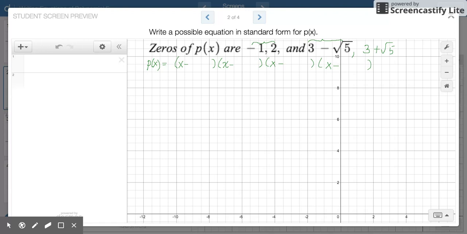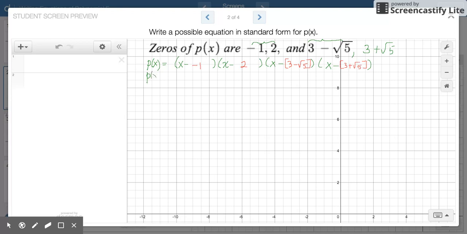The first one is x minus -1. Next one is x minus 2, and then x minus, because that's a binomial, I'm going to enclose it in a grouping symbol. So I'll have here 3 minus square root of 5, and here 3 plus square root of 5. Okay, then we'll simplify.